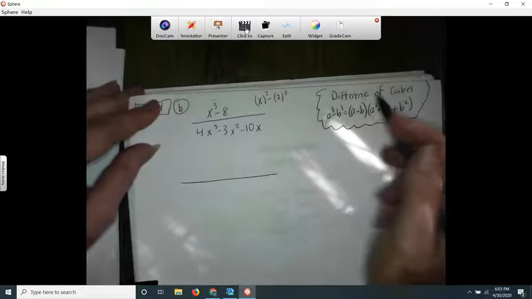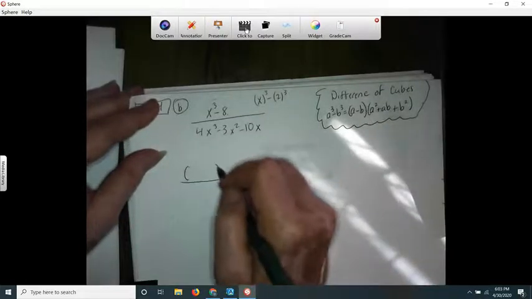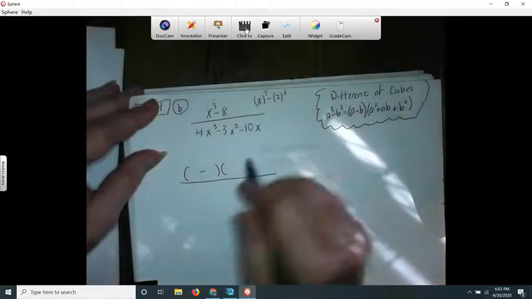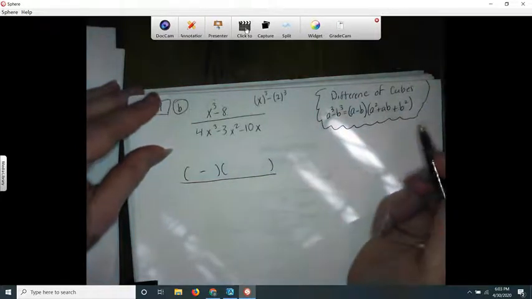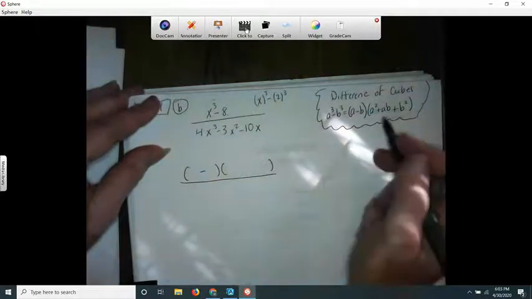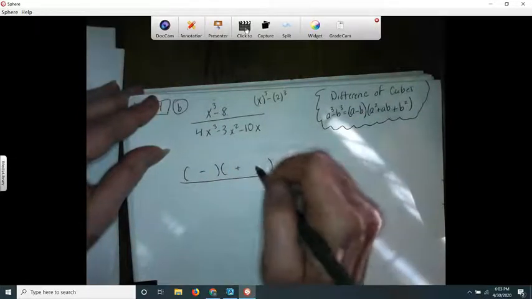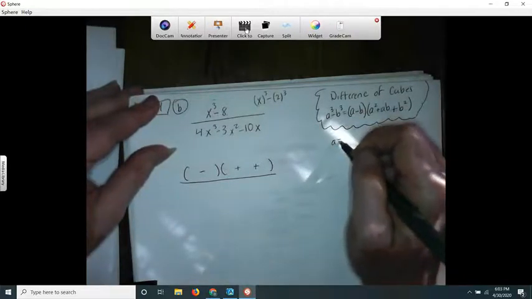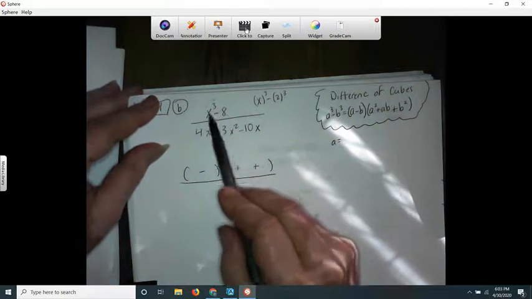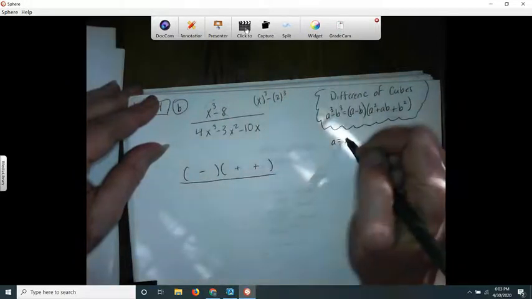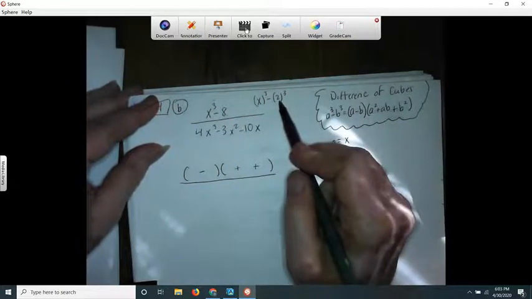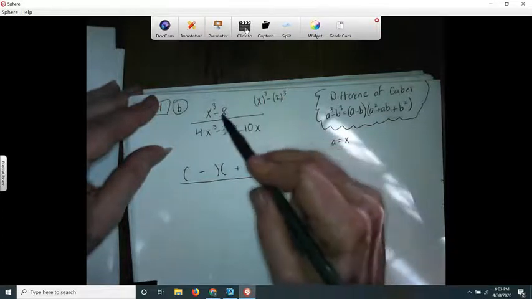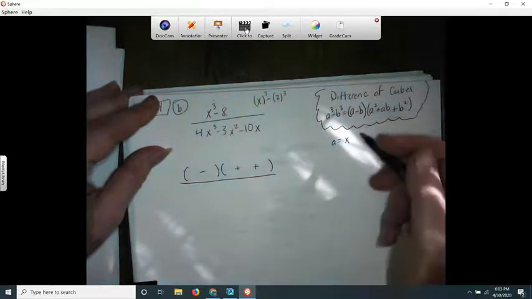Okay, so what I'm going to do is rewrite this formula right here, and fill in the blanks with my A's and B's. I'm just plugging the numbers in. A in our case is x, and B in our case, because 2 times 2 is 4 times 2 is 8, is going to be 2.